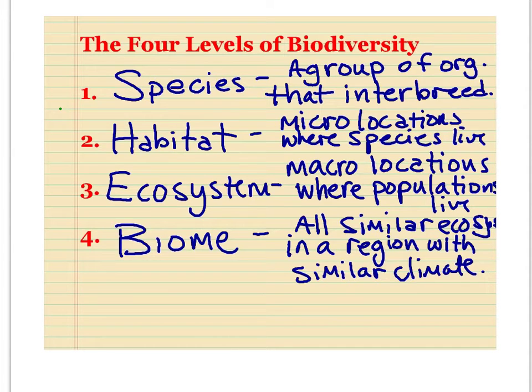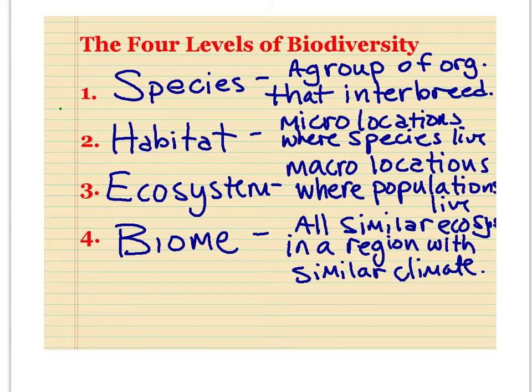The second one is habitat. This is a micro-location, a smaller location where species will live, and they'll do the things that they do, which usually relate to everything around eating, mating, and raising a family. So that's the second thing.